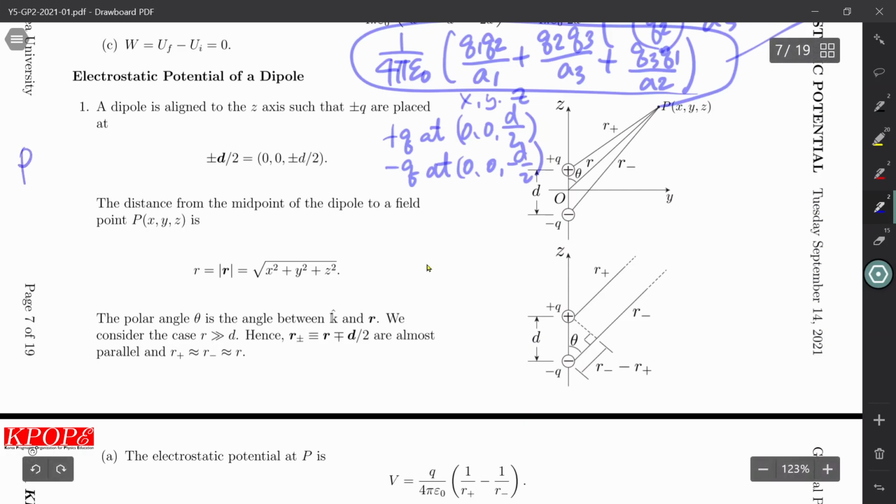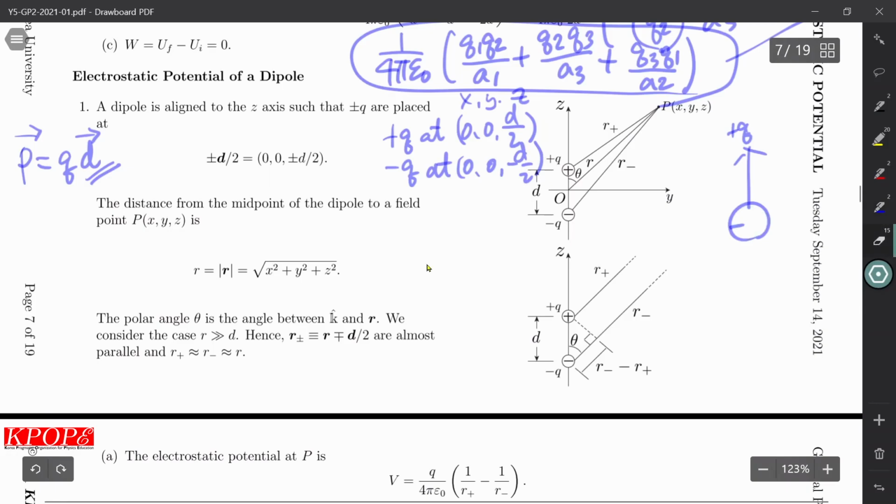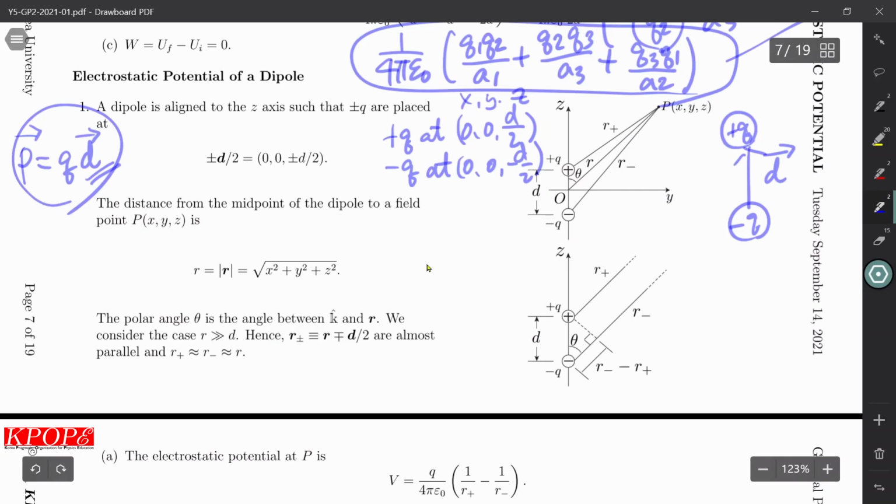Then we know that the electric dipole is Q times D, where D is the separation from minus to plus. So Q times D is an electric dipole.